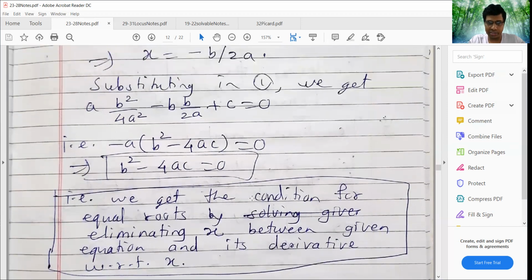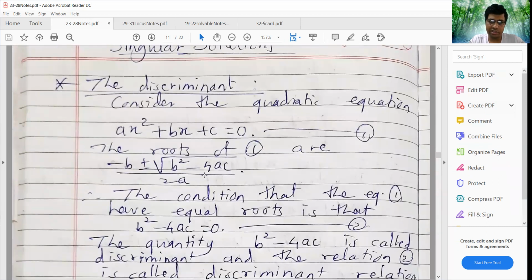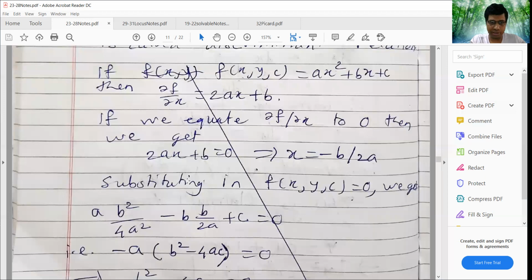If this is 0, then we will have only one root, minus b divided by 2a, repeated twice. This case is called equal roots or repeated roots.